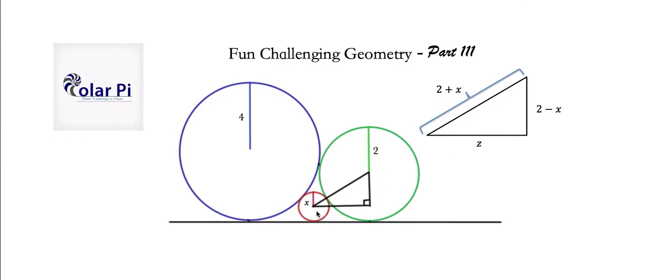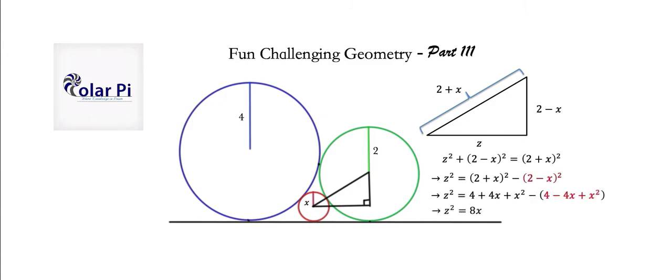Now we've called this horizontal distance z, and so we should do Pythagorean theorem to figure out what z is in terms of x. Okay, so z is the square root of 8x, which is the same as 2 root 2 times root x.